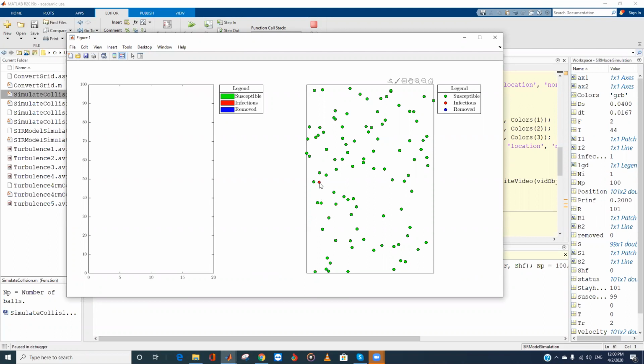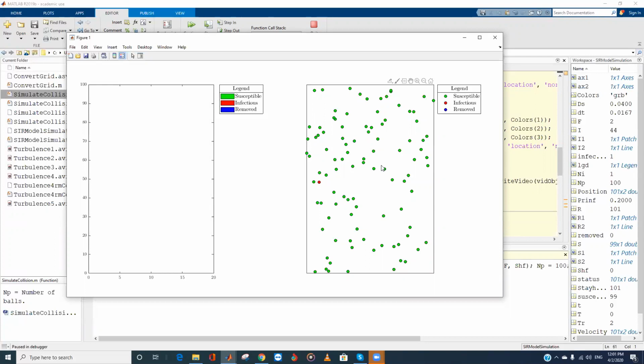Now here we have a red dot. That is one infected individual. Within this community, we have 100 individuals. All the green ones are the susceptible. They can become infected. If anybody is infected and then recovers, or dies, or is quarantined, we call that person removed.